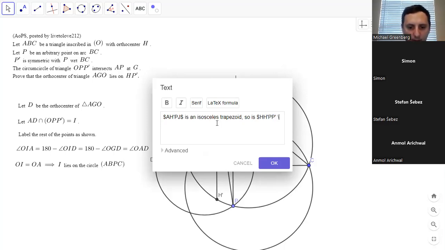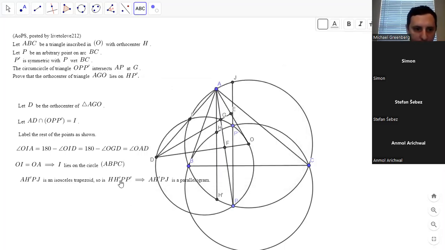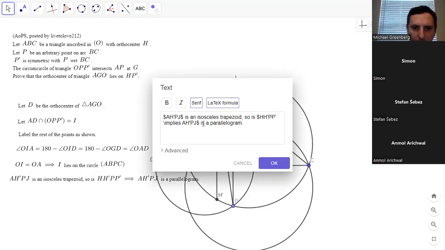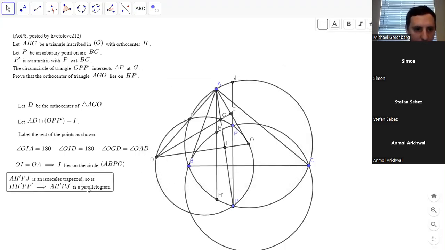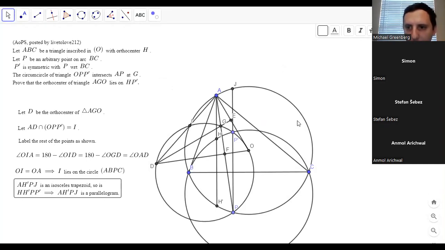And those two together mean that A H prime P J is a parallelogram. And then once we have that, we do the angle chase that Hakan put, and then that solves the problem.